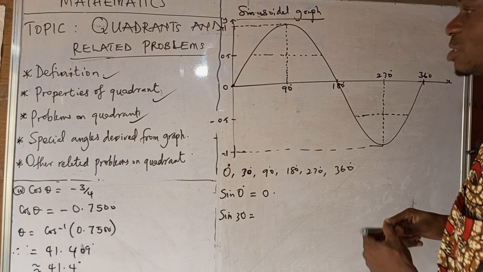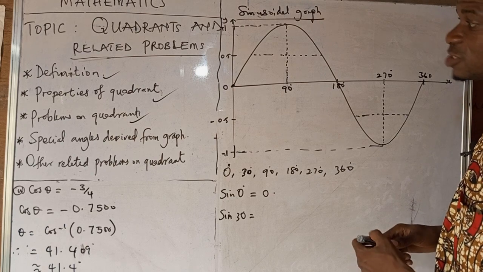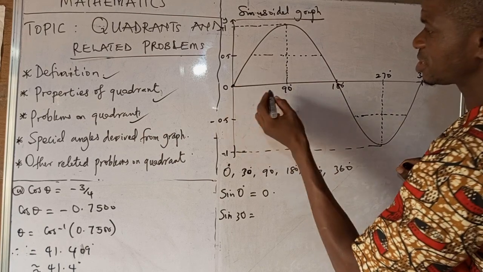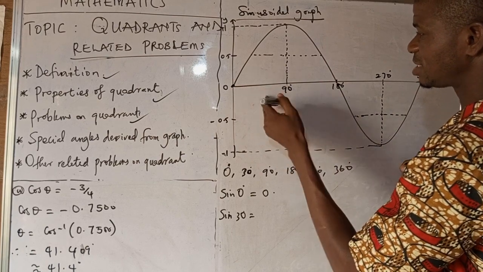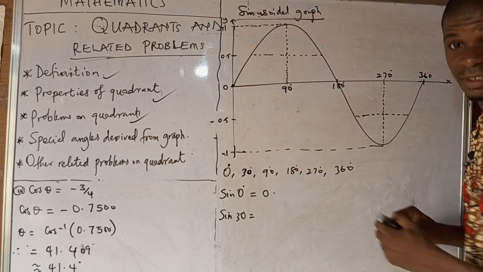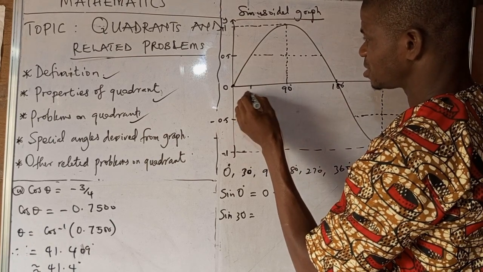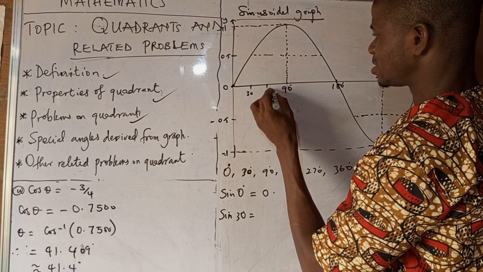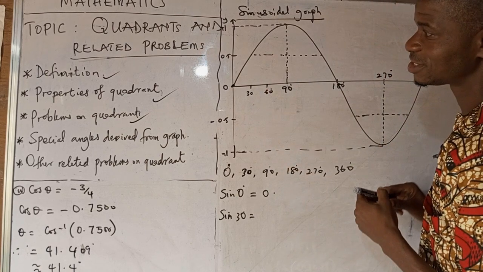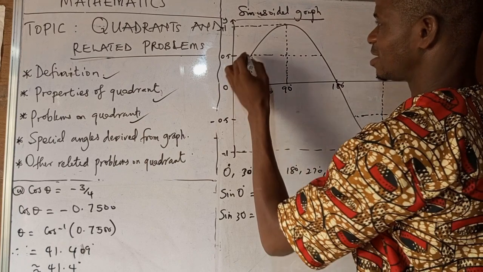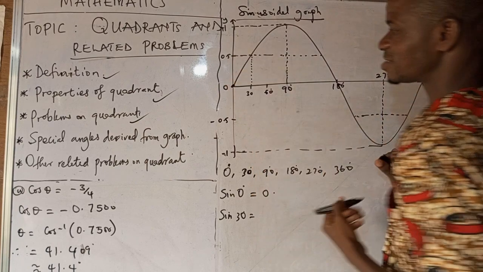Now, our 30 degrees, that is the angle of projection. Remember that if you take this in range, 30 in 3 places will give us 90. So this is 30, this is 60, this is 90. Look at where my 30 lies, then take it to this side of the axis.